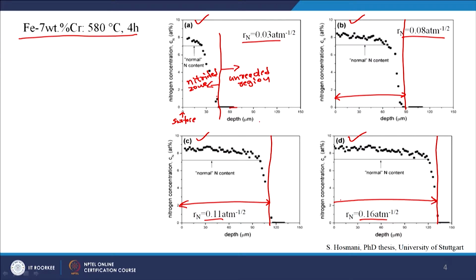But what we see is that the nitriding depth is proportional to the nitriding potential. We see that there is some sort of a proportionality between the nitriding depth and the nitriding potential.